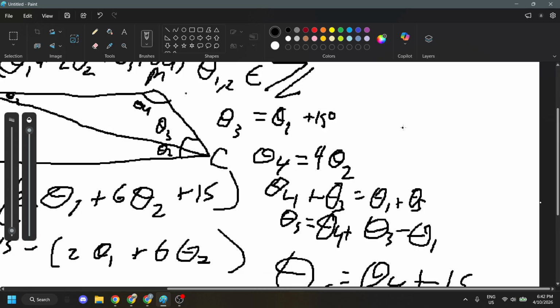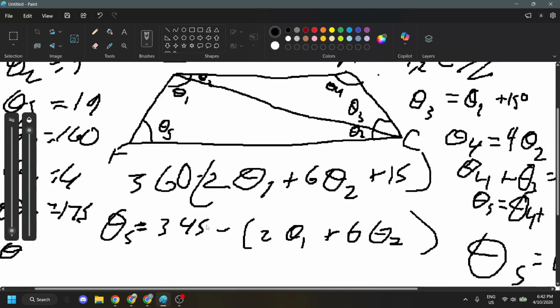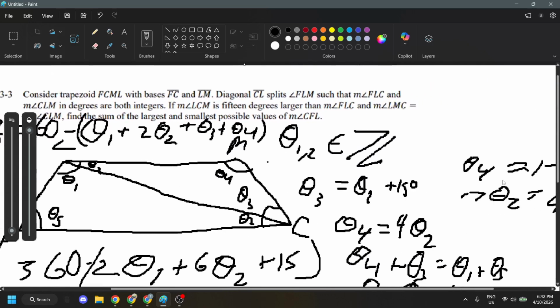So, if we make theta 4 the largest, let's say theta 4 is equal to not 180 but 176, that means that theta 2 is equal to 25 plus 15 plus 4, so 30, 44. 44 is theta 2.